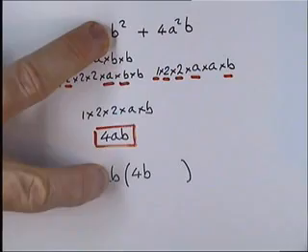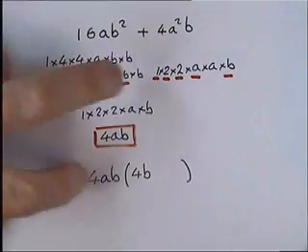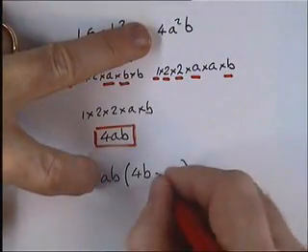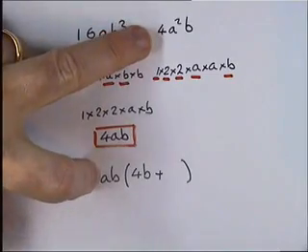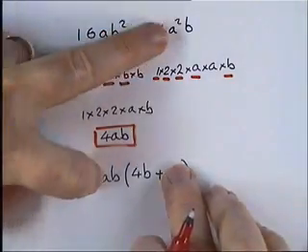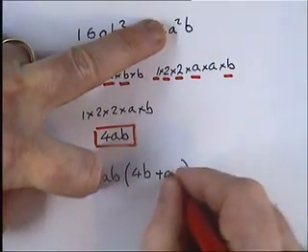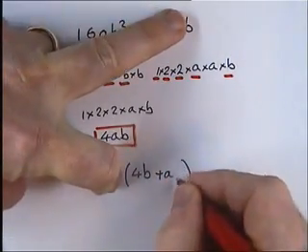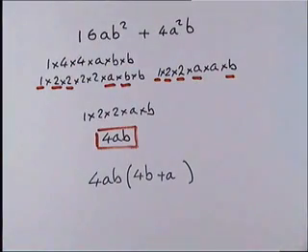B. And on the other side, what do you times by 4 to get 4? Positive 1. And if there was nothing else going in here, we'd have to write it. But as there's an a times by an a gives an a squared, and a b times by b gives a 1, then we can leave it like that. But if there wasn't an a there, you must put the 1 in. Okay.